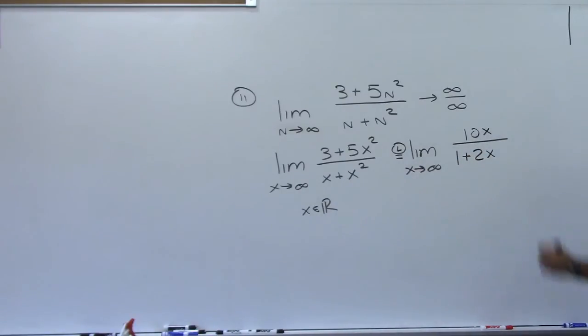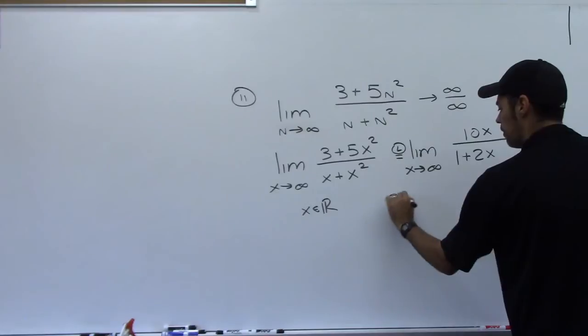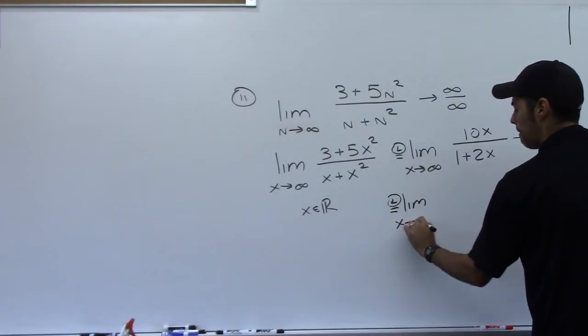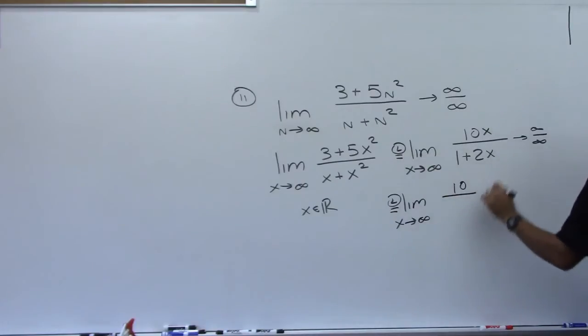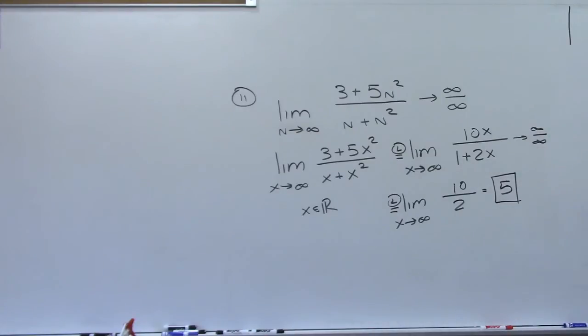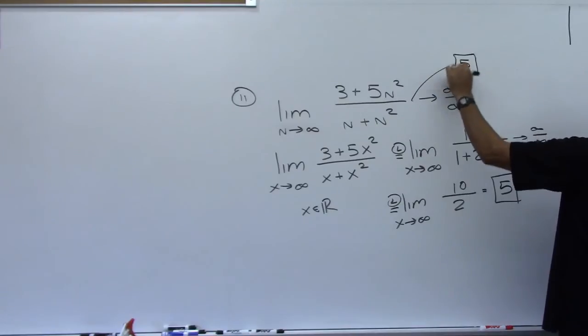And this still goes to infinity over infinity. And so I apply L'Hopital's rule again. Derivative of the top is 10. Derivative of the bottom is 2. We get 5. So the answer to the original question is that it converges to 5.